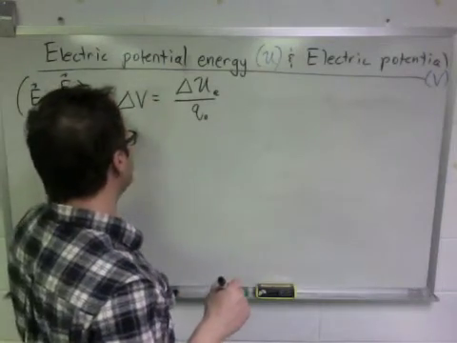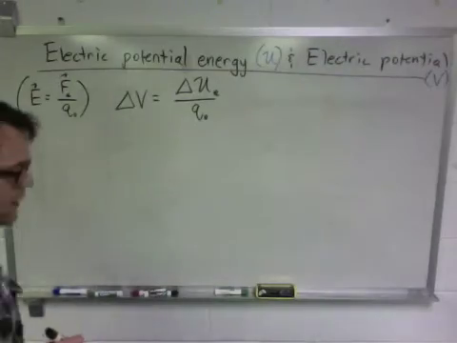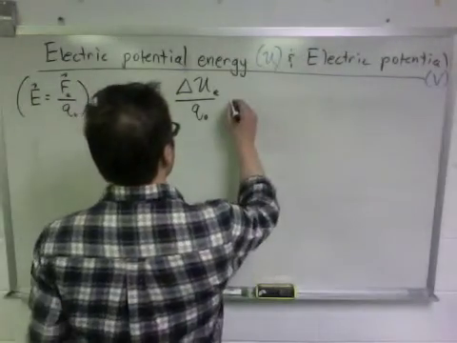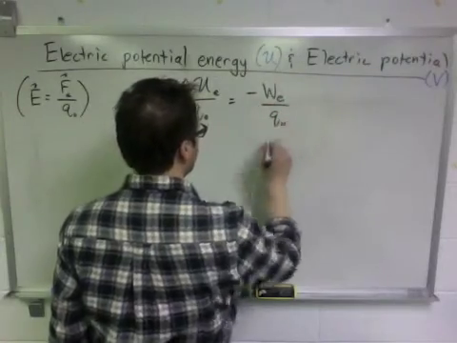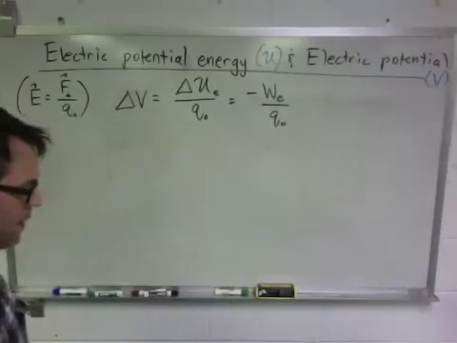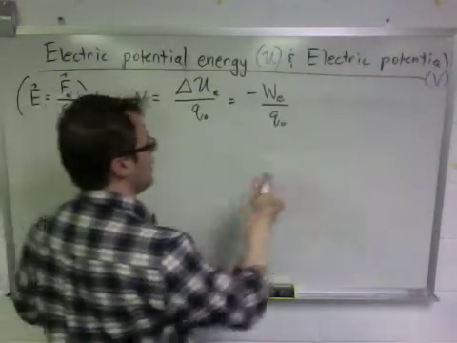And the way we find delta V is we divide delta U by q0. This must mean that it's also related to the work done by the electric force, negative W_E divided by q0.